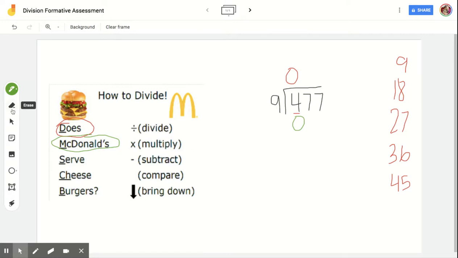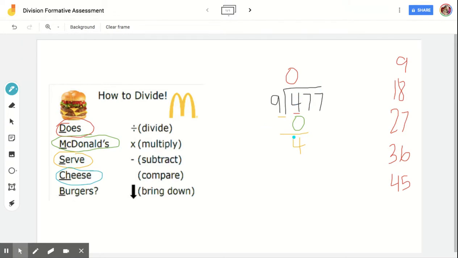Next is serve, which stands for subtract. So I'm going to subtract 4 minus 0. That's going to give me 4. Next step is I'm going to compare or check my numbers. The reason you want to do this is because you want to make sure you went the most times you can into that number.